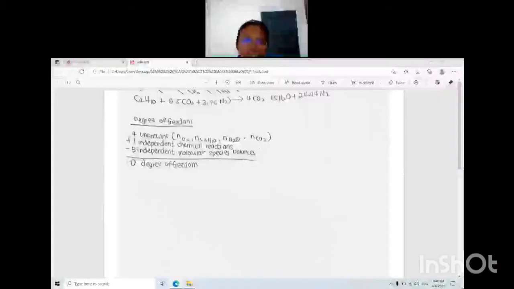If the excess air is given, we must add the nitrogen into the combustion equation. Okay, if it reacts with the oxygen only, then we will not put the nitrogen into the complete combustion equation for the butane. But we can just delete the nitrogen.